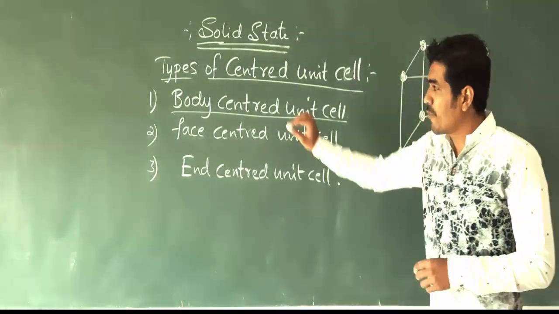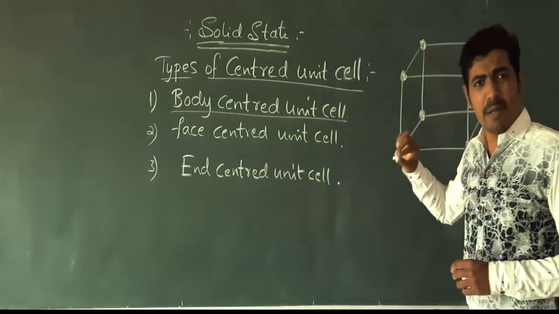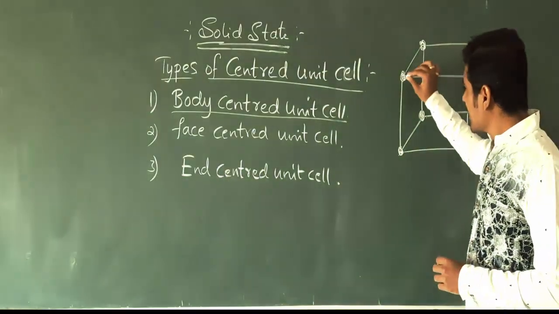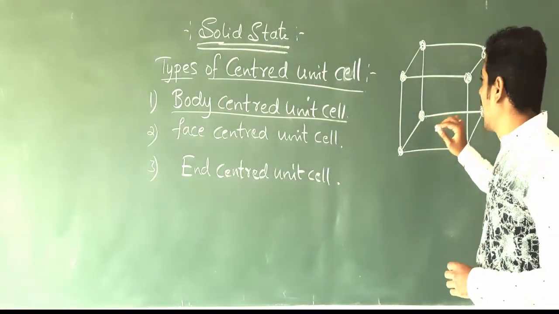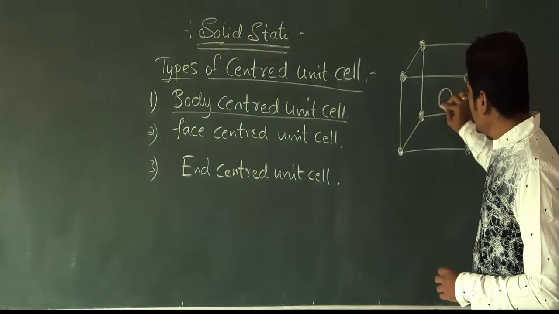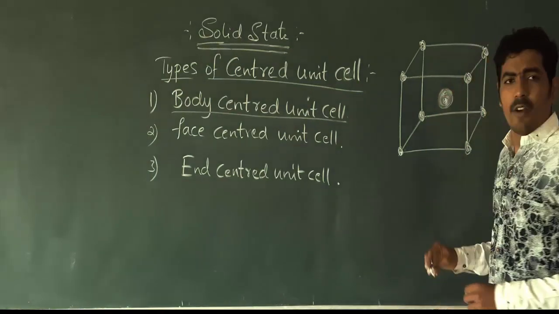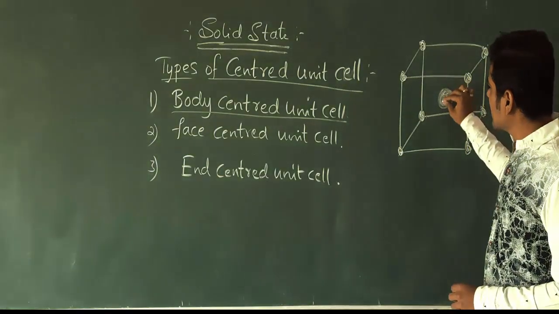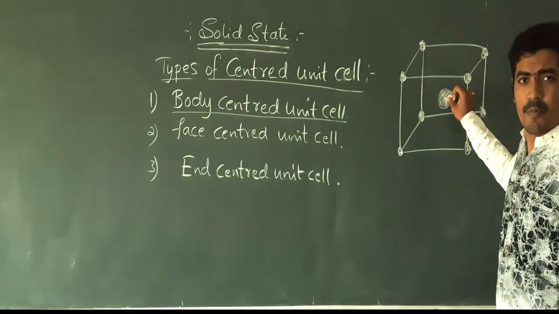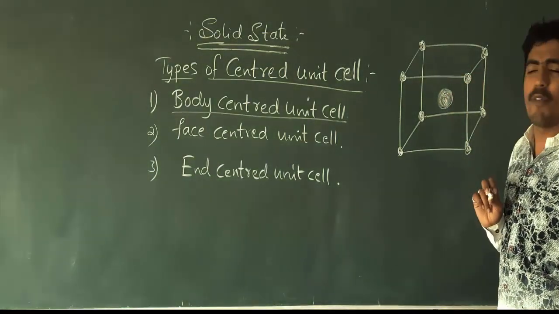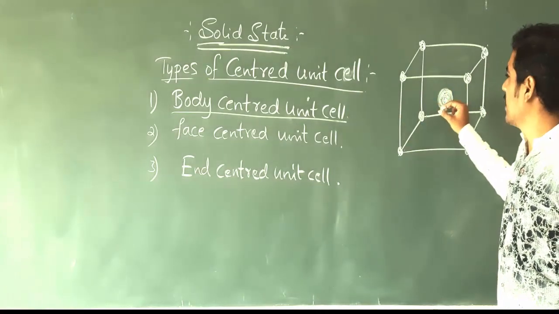So the first, the body centered unit cell, means that in this type of unit cell the particles are present at the corners and at the center of the body of the unit cell. One particle is completely present at the center of the unit cell, and such a kind of unit cell is said to be a body centered unit cell.